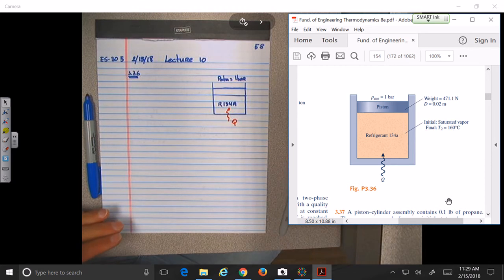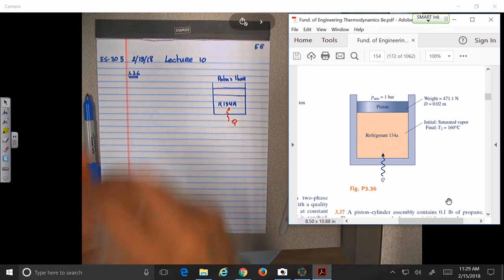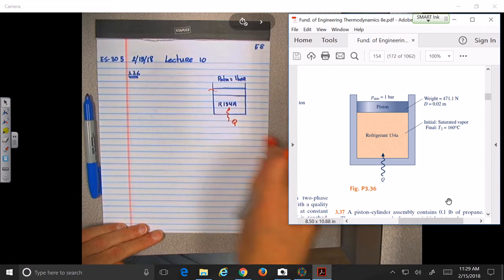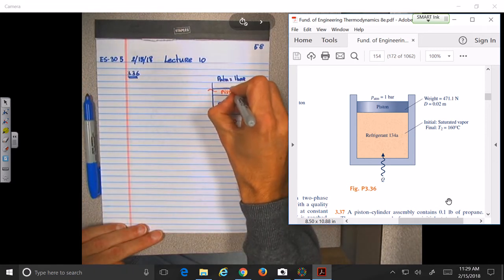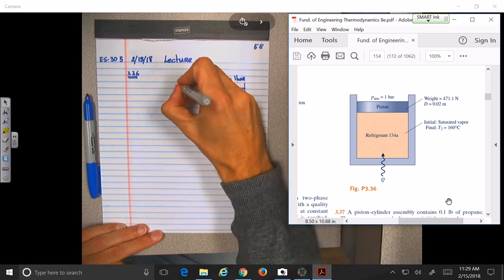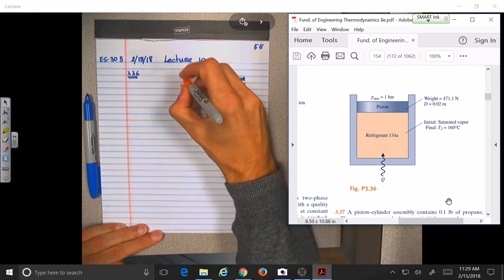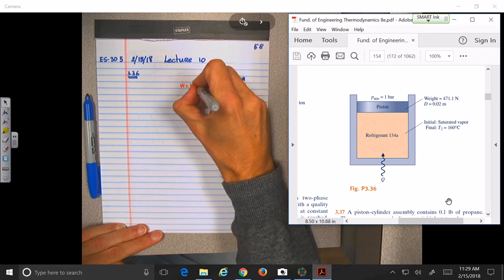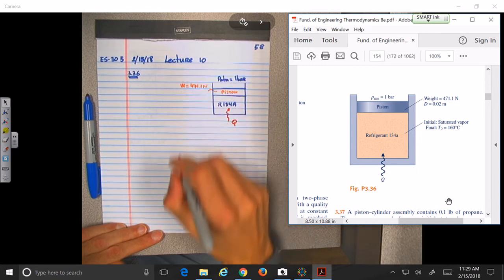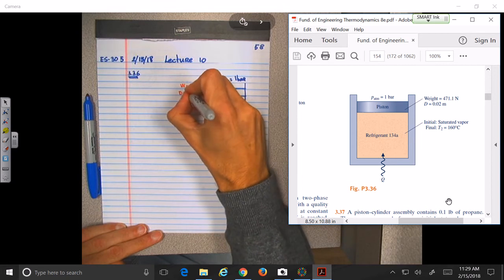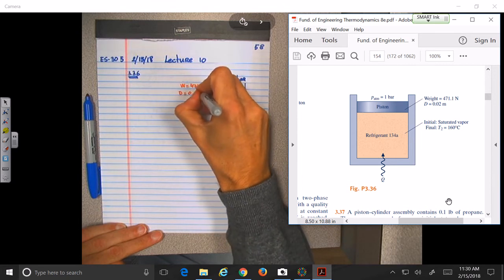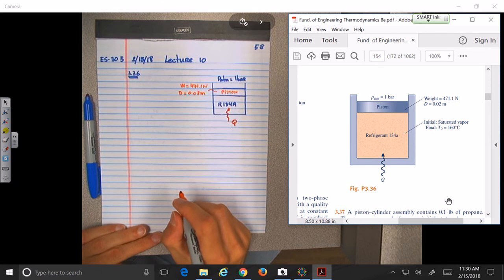And then what do we know? Looks like the weight of the piston is 471.1 newtons, and the diameter is 0.02 meters.